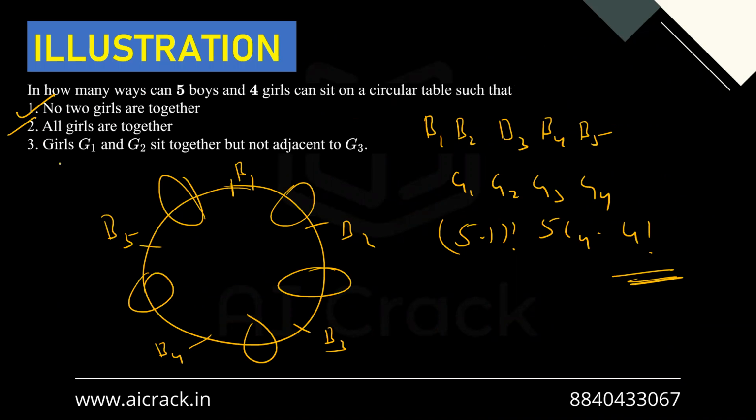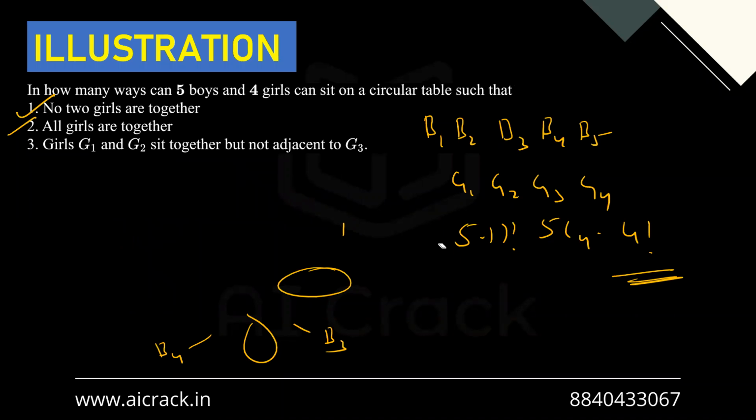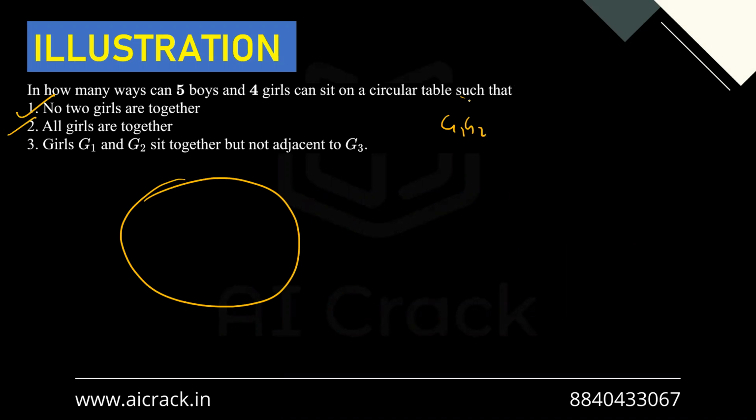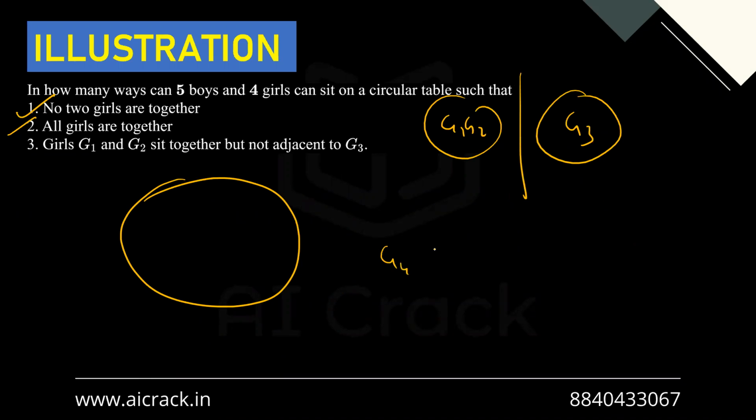Now let us look at the third question. Girls G1 and G2 sit together but not adjacent to G3. So let's do it over here. So this is our arrangement and we have G1 and G2 together and G3 separate from G1 and G2, and the remaining ones are G4, B1, B2, B3, B4, B5.